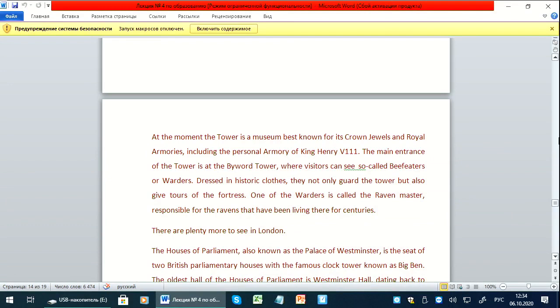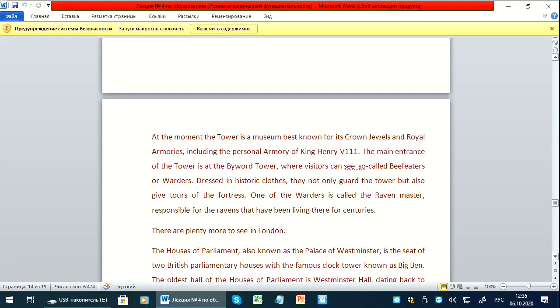The main entrance of the tower is at the Byward Tower, where visitors and tourists can see so-called beefeaters or warders, охранники.